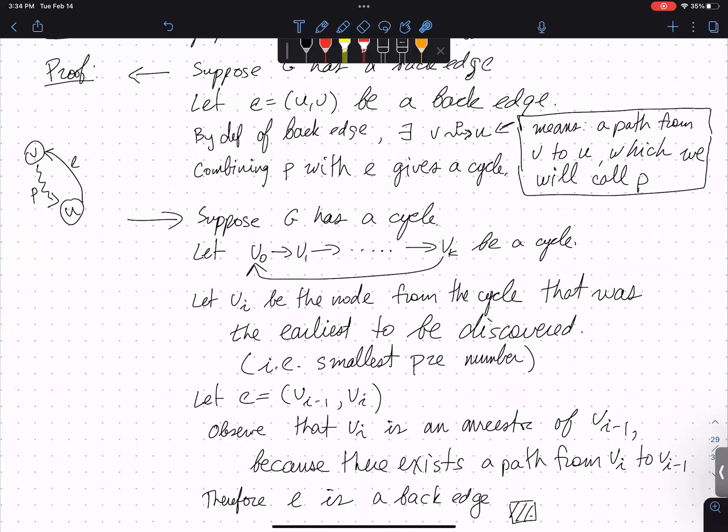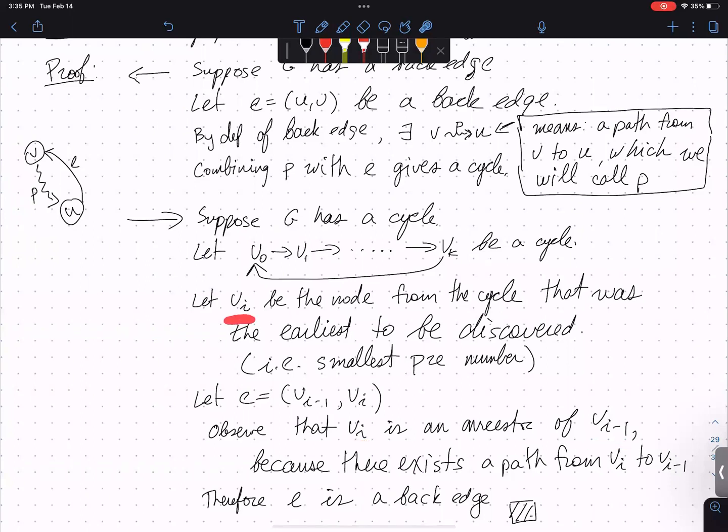Yeah. How come it's not what? Okay, so the question is, why is VI the ancestor of VI minus 1 and not the other way around?